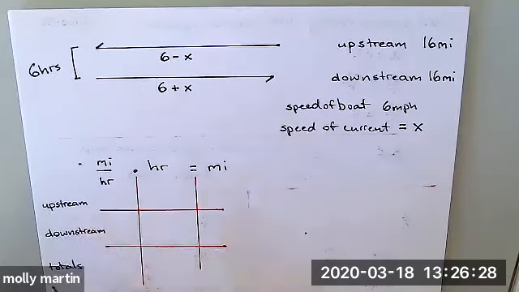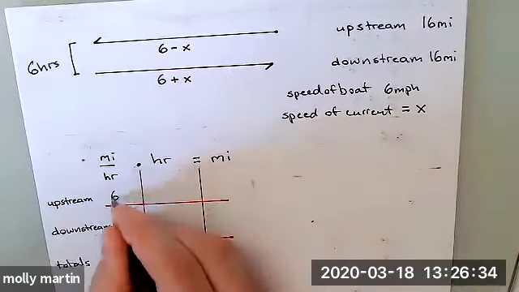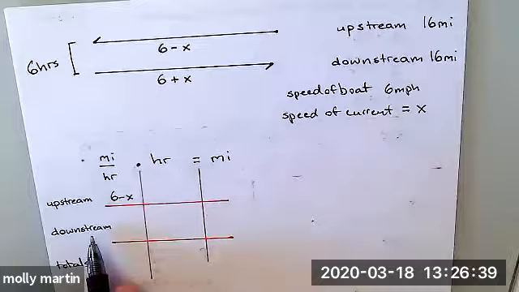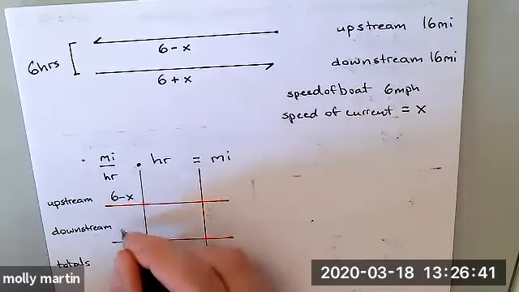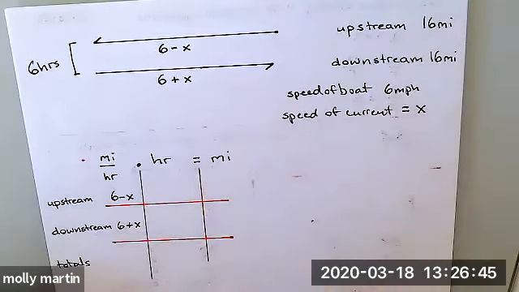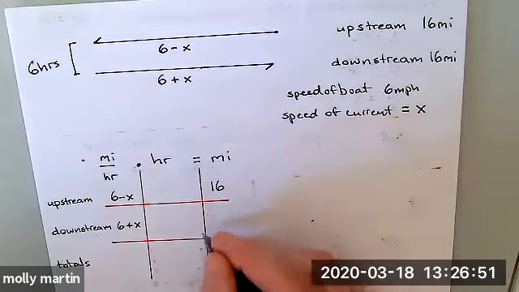So going upstream, my speed is 6 minus x. Going downstream, my speed is 6 plus x. The total number of miles is the same for each trip.